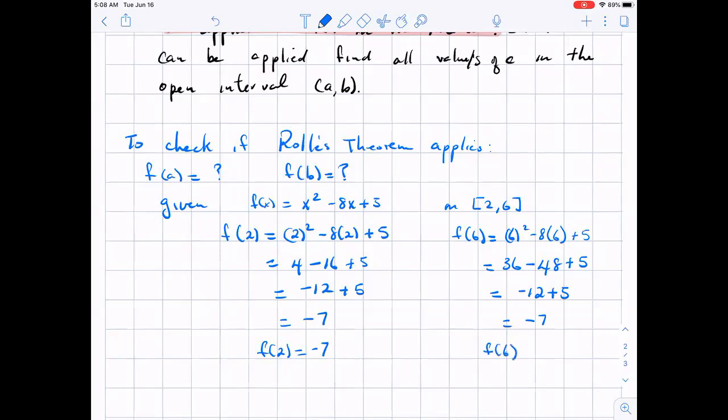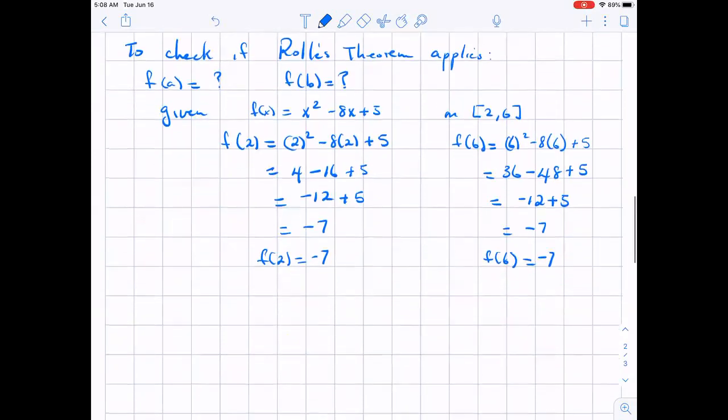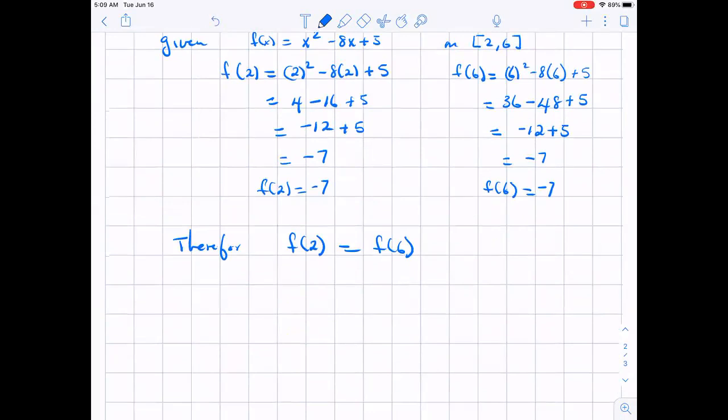So f(6) is equal to negative 7. Therefore f(2) is equal to f(6). This part justifies it. Now we know there is some c value if f is differentiable. That's what we have to check now. Is this function differentiable?